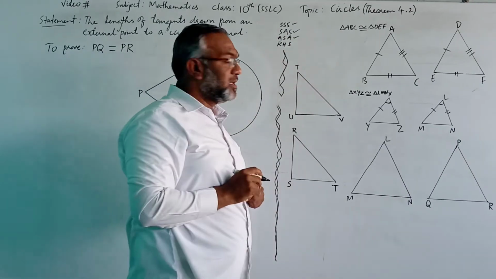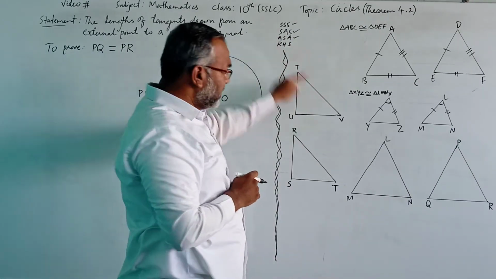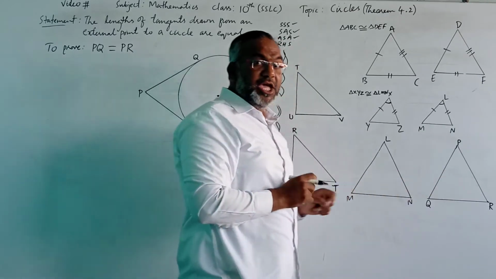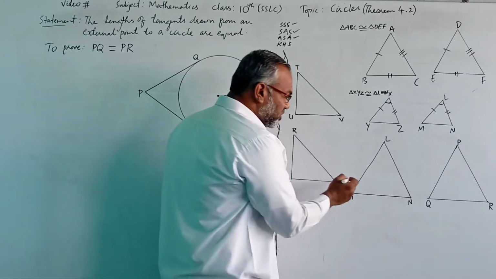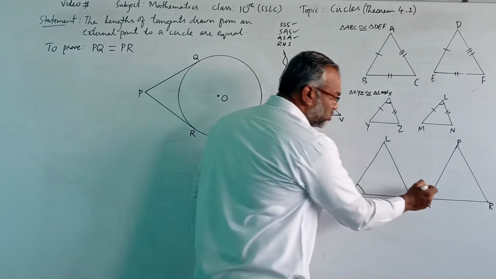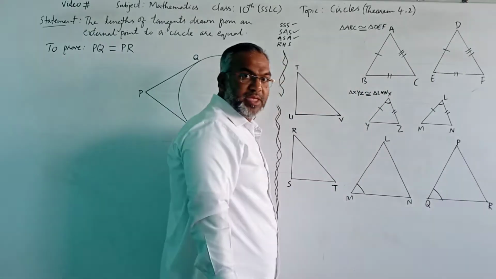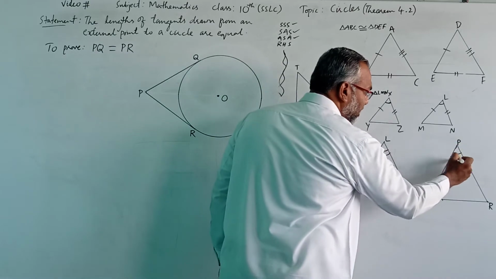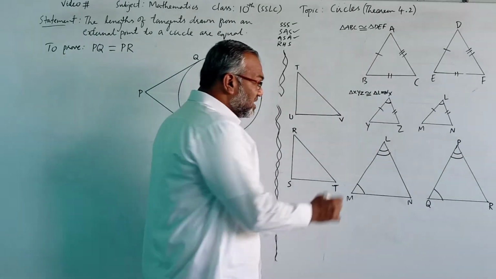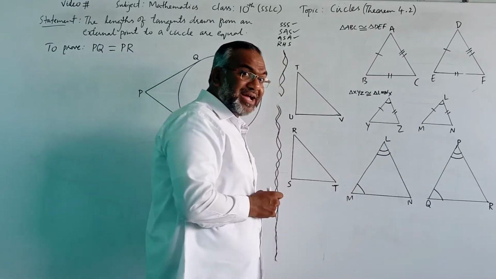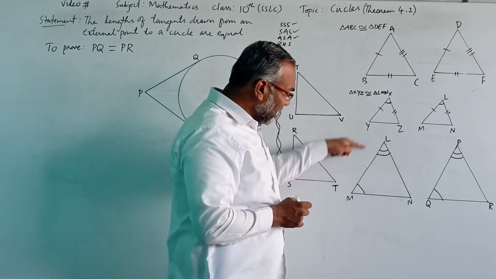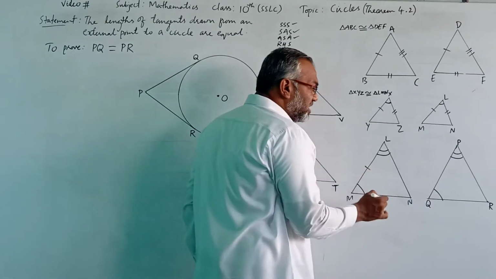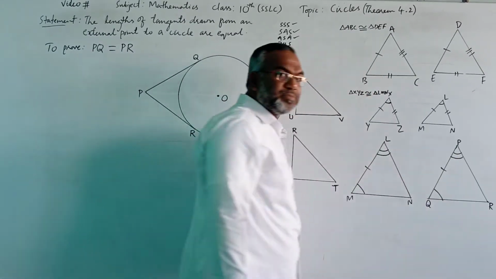ASA, third one. According to this postulate, in two triangles, if two angles are equal, imagine angle M is equal to angle Q and angle L is equal to angle P, and the side between these two angles, which side is coming between these two angles? LM is coming. This side is equal to PQ.